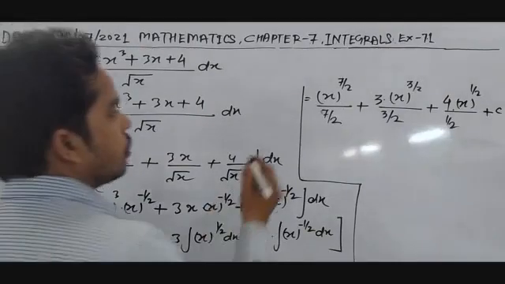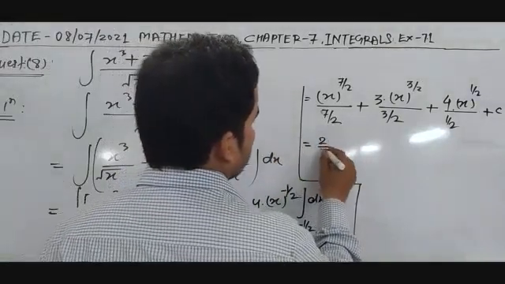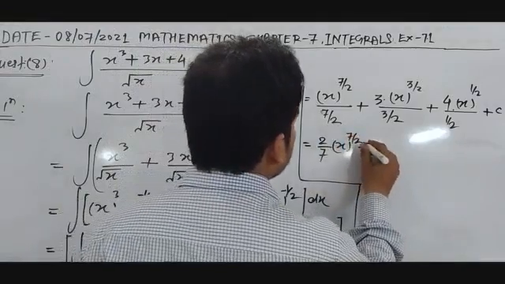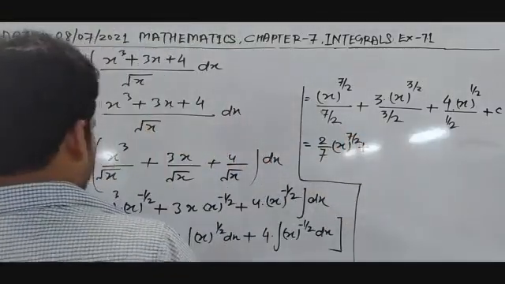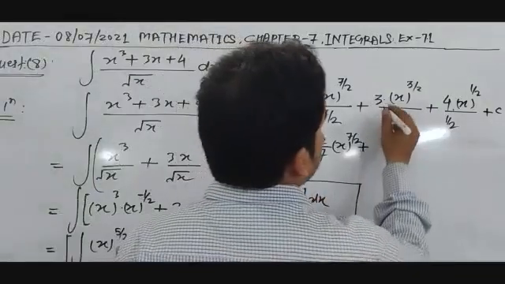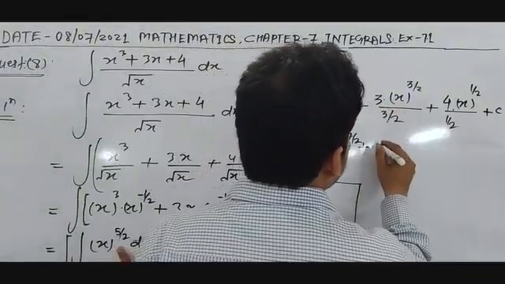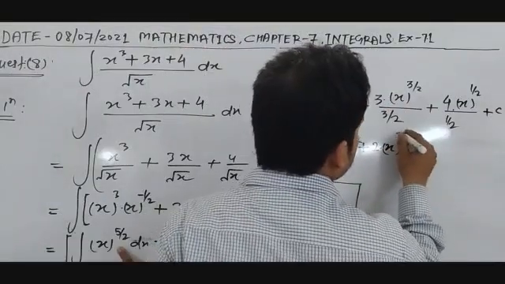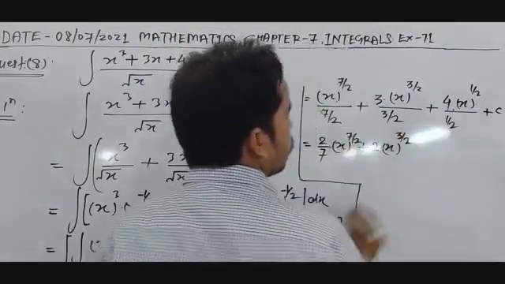So now this result will be 2/7 x to the power 7/2, 3 will cancel out, result will be 2 times x to the power 3/2.